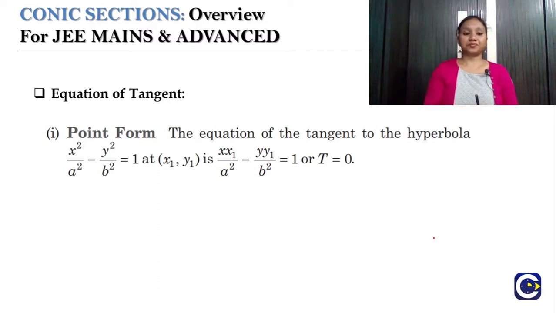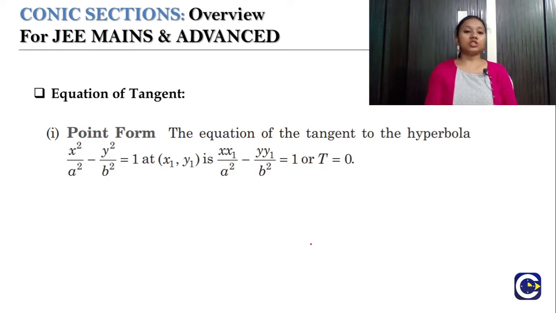Now that it is lying on the section, we can draw a tangent. There are different ways to write the equation of a tangent, so let's have a look at them one by one.